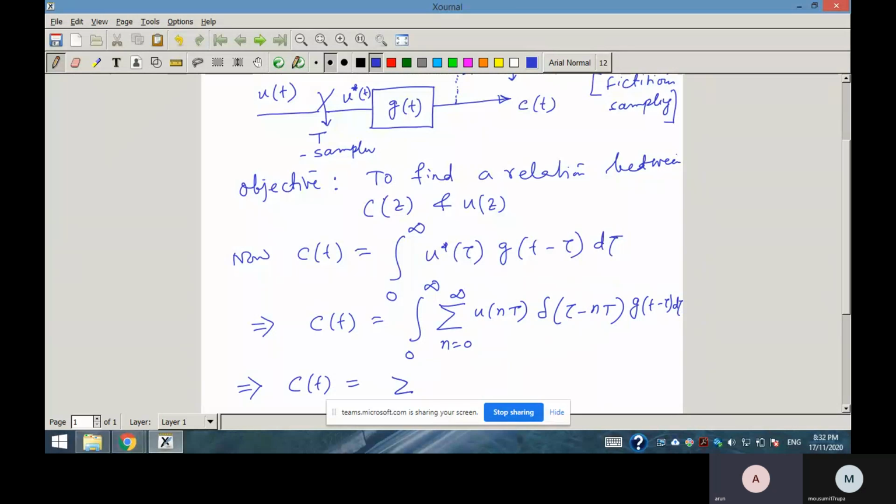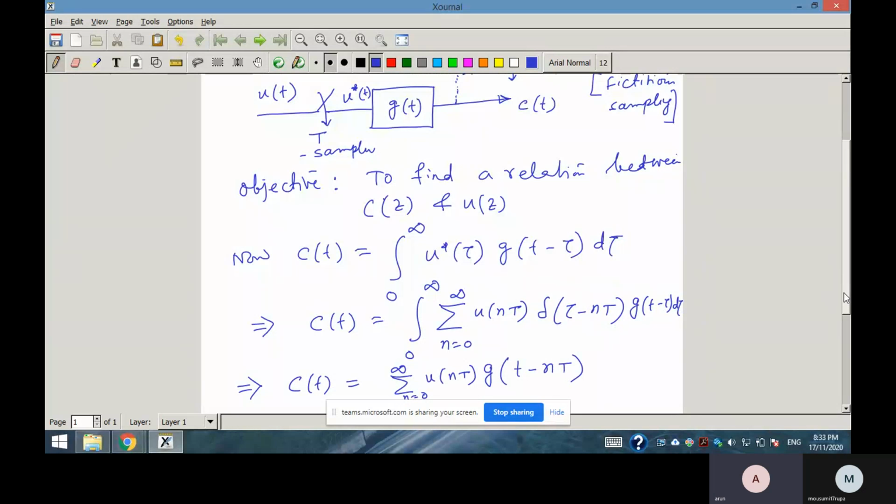This is a well-known result: summation for n equal to 0 to infinity of u(nT) into g(t minus nT), where you just replace tau by nT.